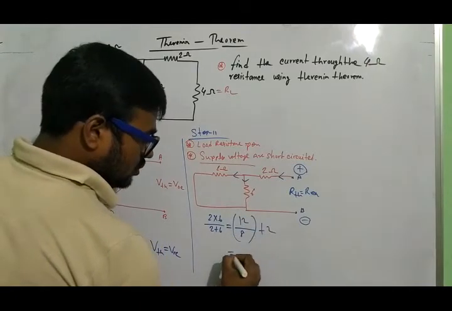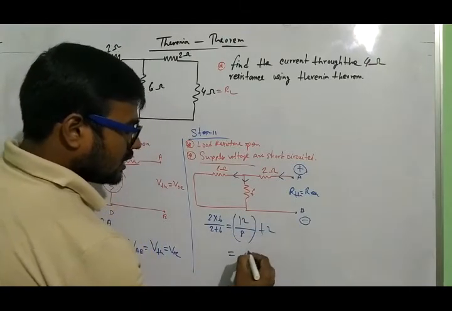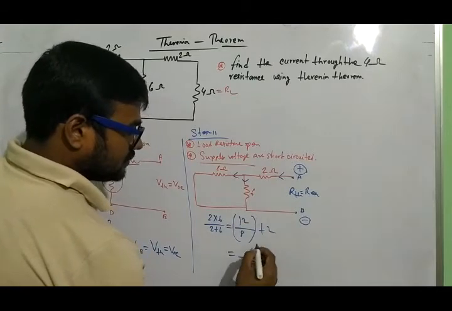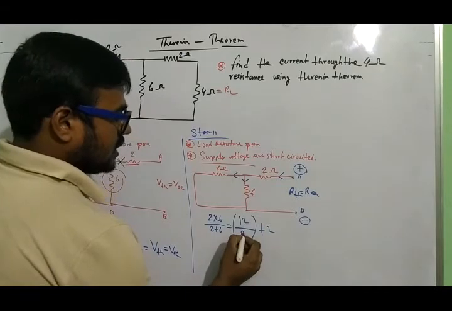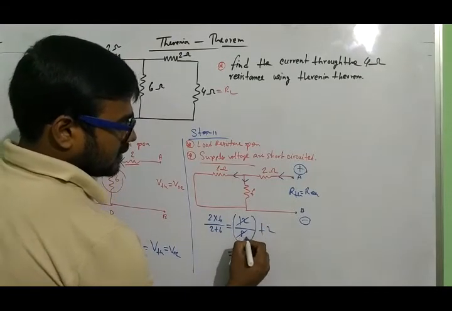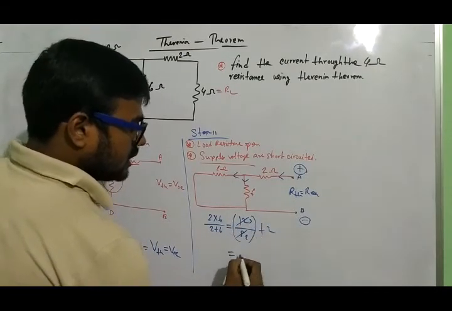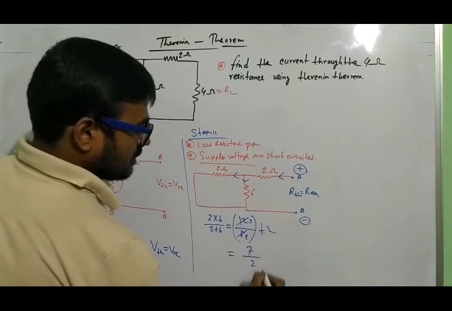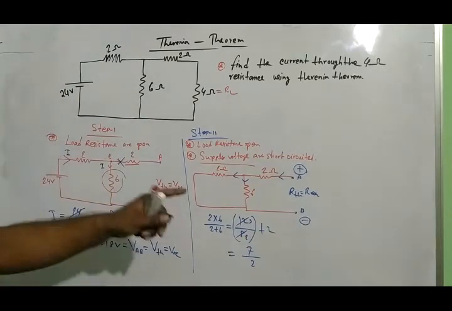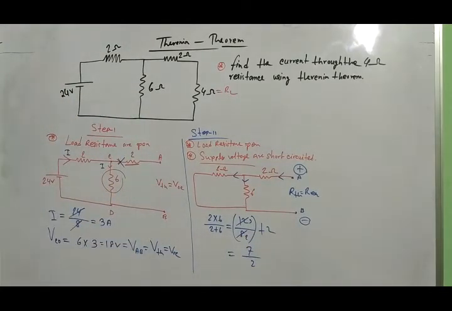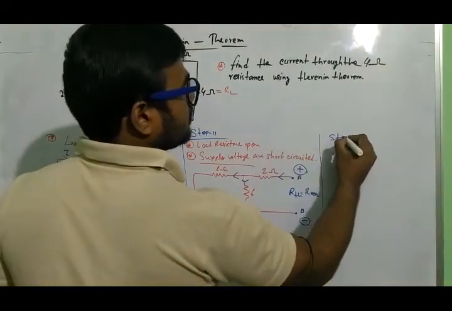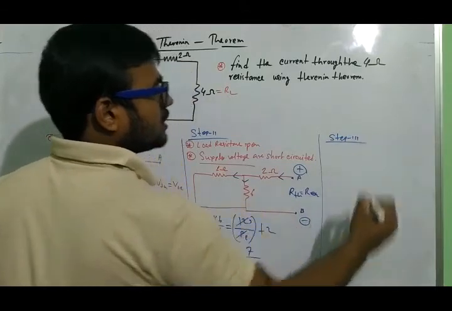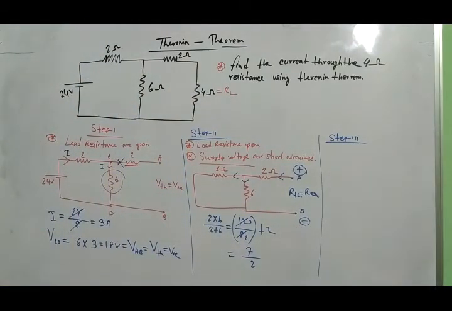This plus 2... sorry, at first I am simplifying. The equivalent resistance is 7 by 2. Now I am finding step 3. So what is the value?